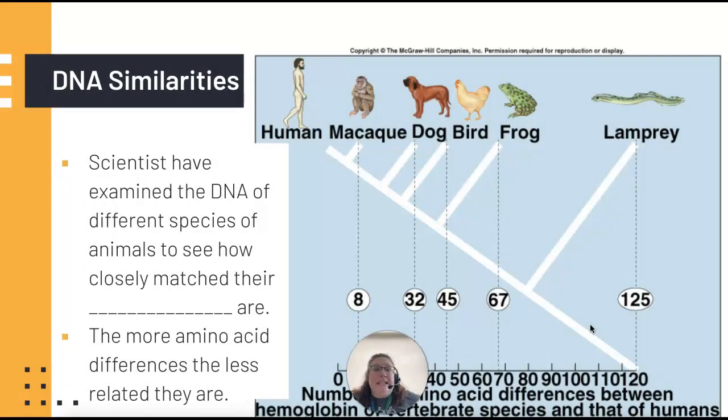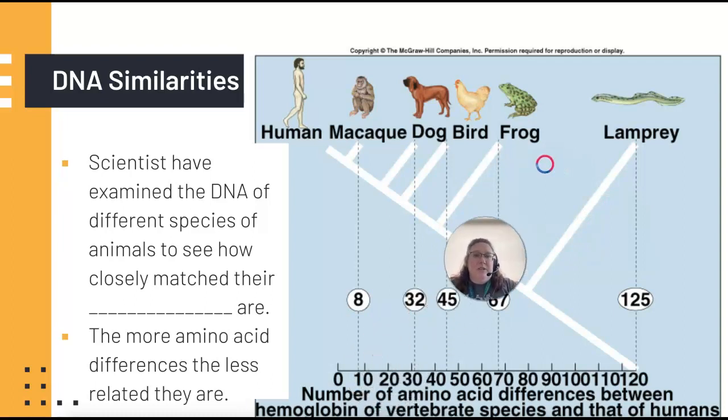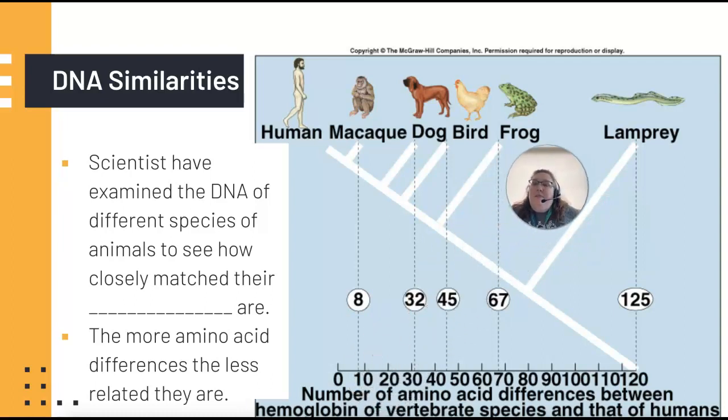And finally, DNA similarities. Let me move me again here so you can see. Scientists have actually gone through and looked at the DNA of different species of animals to see how closely matched their DNA sequences are. The more amino acid differences in those proteins, the less related they are.